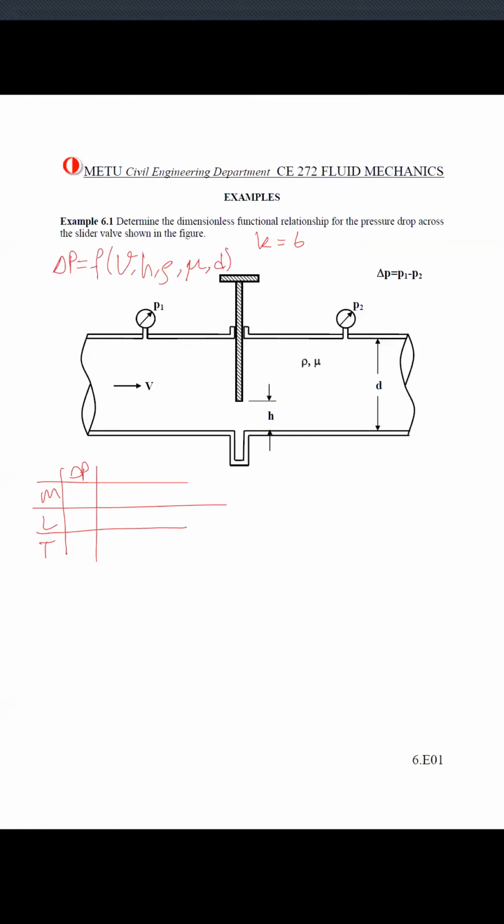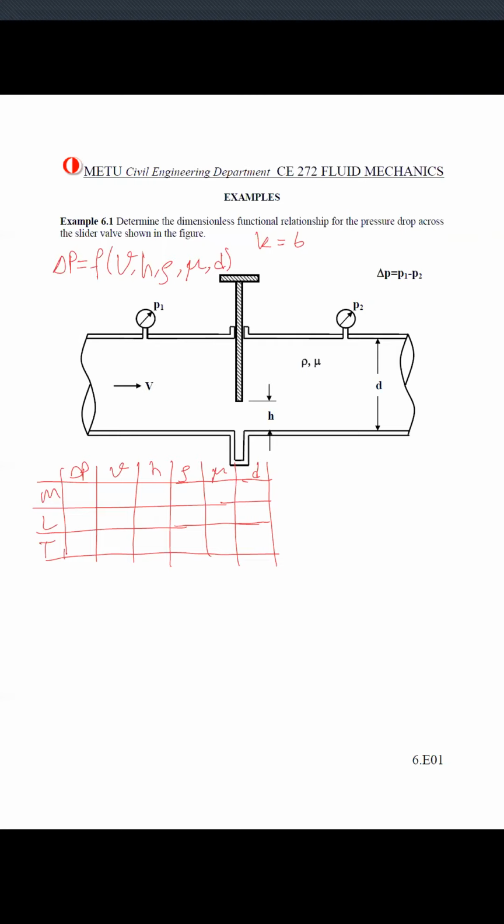We will write all for delta P, velocity, H, rho, mu, and d. Okay, we will write the dimensions for all parameters.